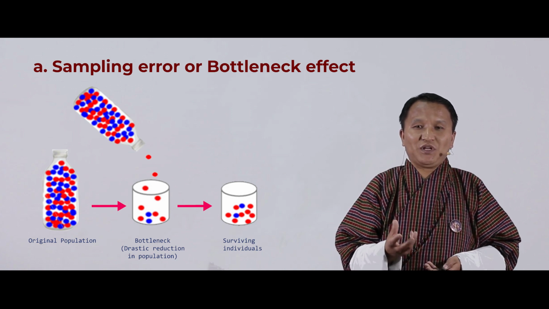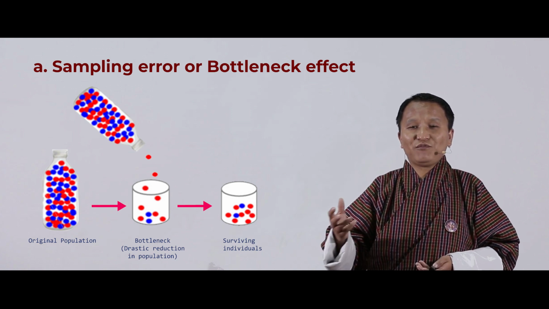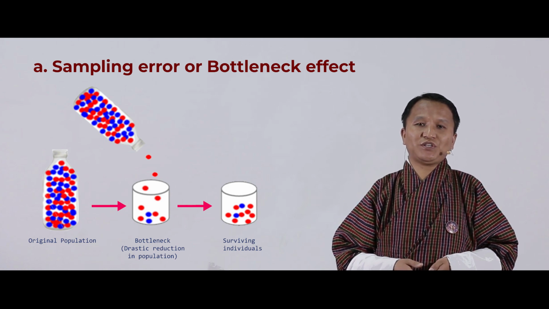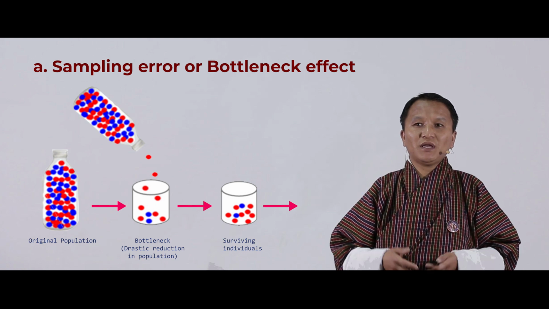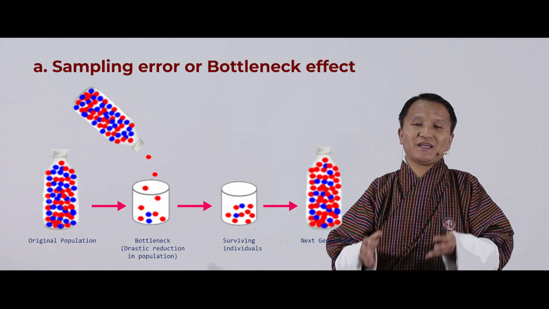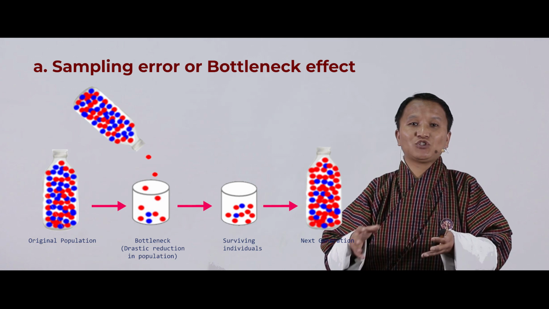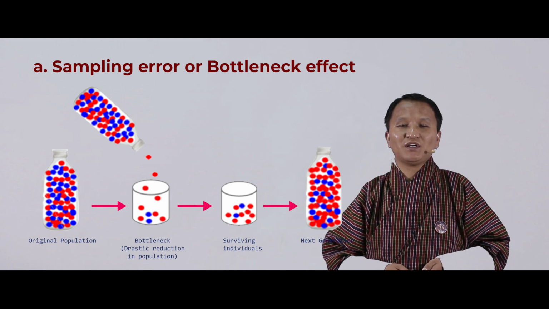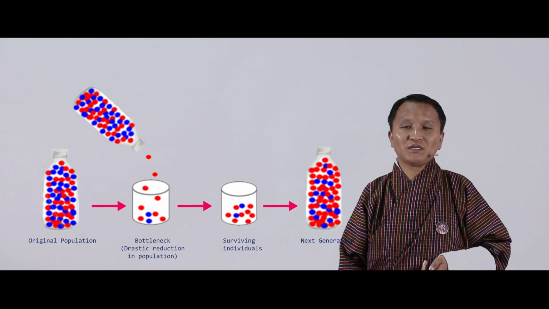Now if these are the population and they go through several generations of reproduction, then ultimately you will get a generation that is dominated by the red marble. So let us now look at an actual example of what a genetic bottleneck effect is.